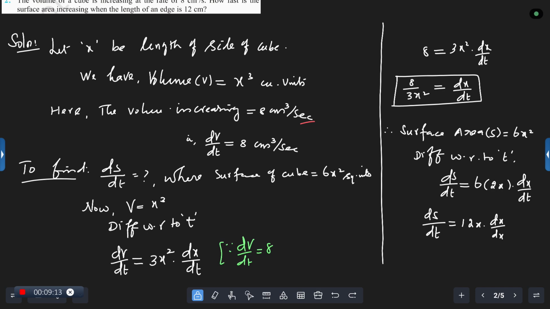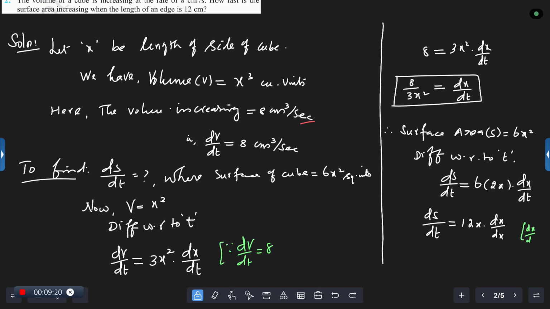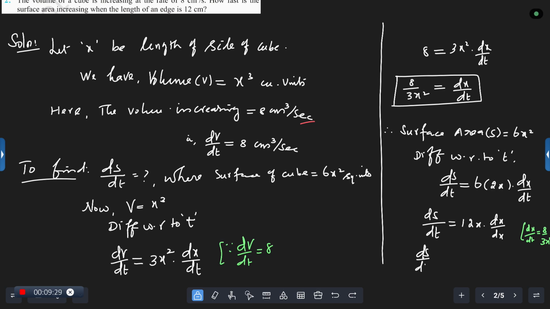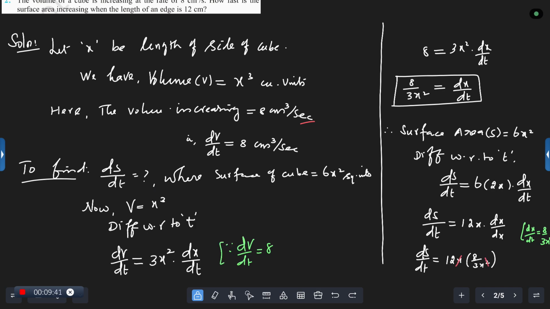What is dx by dt? We just found it: dx by dt equals 8 by 3x square. Now replace here: dS by dt equals 12x into 8 by 3x square. Now x cancels, and 12 by 3 gives 4.